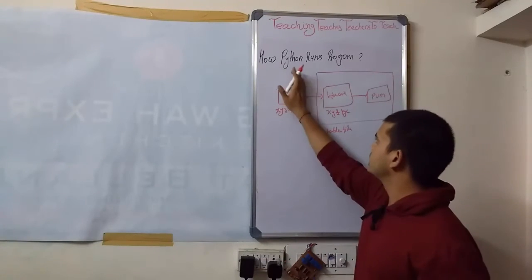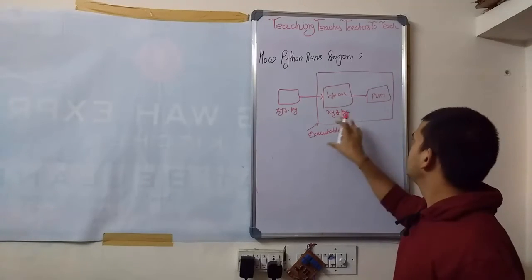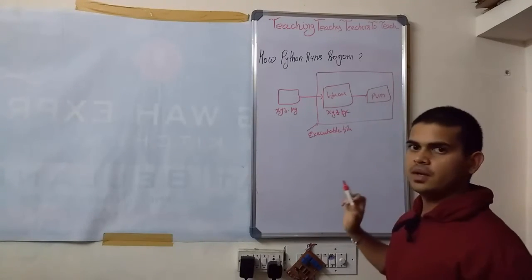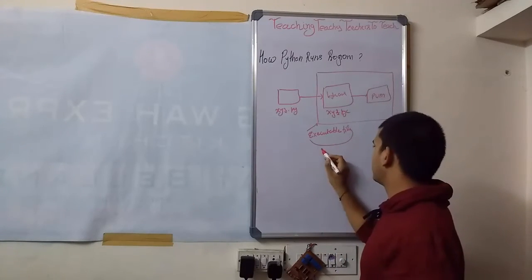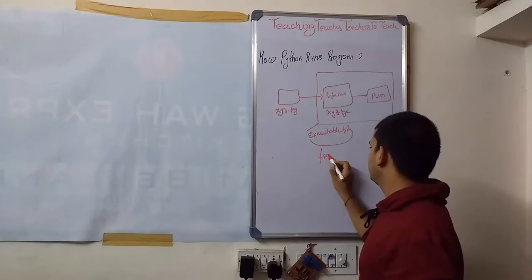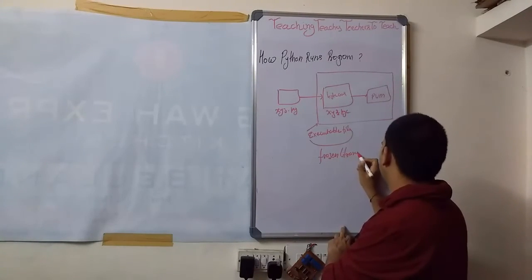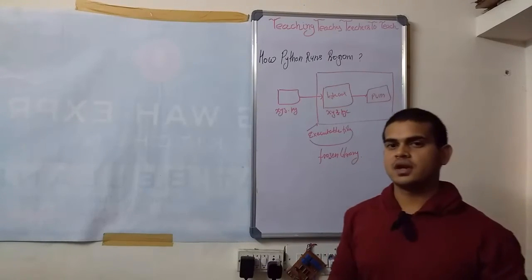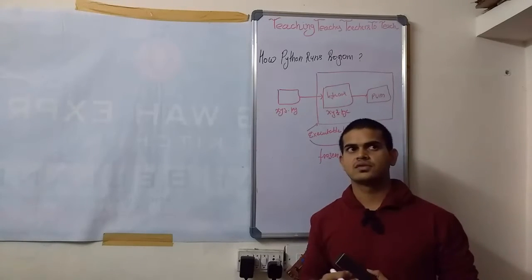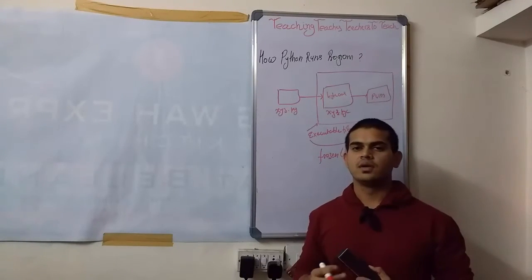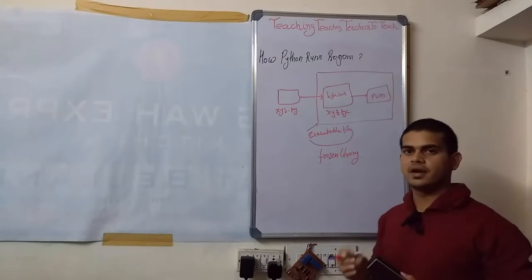So you are not giving the source code to the customer. You are giving only bytecode and PVM. This executable file is called a frozen library. How to create the frozen library using third-party tools, I will cover in the next lecture or whenever we create a desktop application, and then I will tell you. Okay, so the frozen library we can give to the customer.